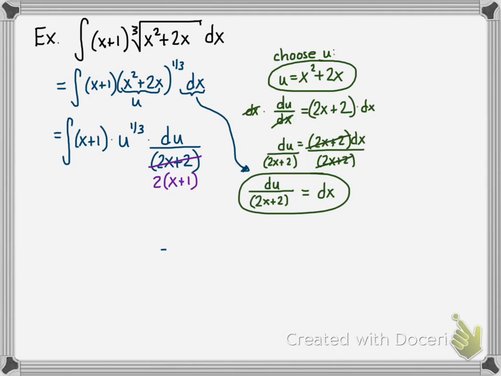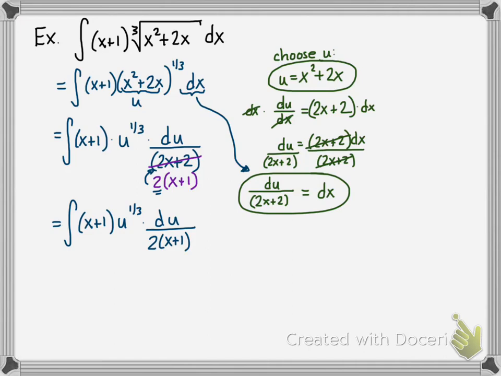So let me write this out kind of nicely here. You may not want to write this extra step, but I'm going to choose to do it to make this hopefully a little bit more clear. We have the integral of x plus 1 times u to the 1/3 times du over 2 times x plus 1, because I factored that 2 out of 2x plus 2.